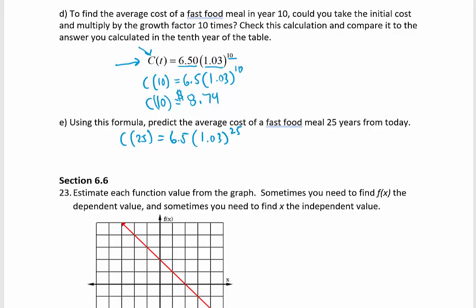So let's see. 1.03, x to the y, 25th power, equals. Leave that in there, times 6.5. And it would tell us that a fast food meal in 25 years would cost $13.61. And that's assuming that we keep getting a 3% inflation rate. If inflation rates change, of course, that won't be accurate.